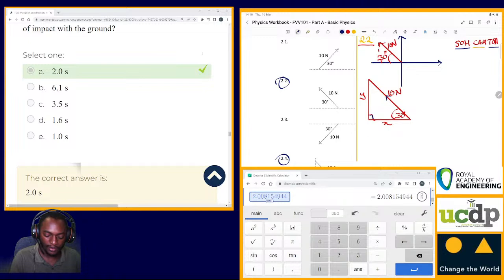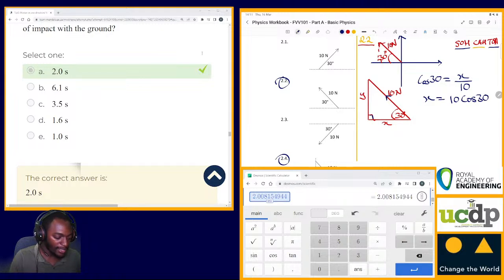So we'll use cos because we've got adjacent and hypotenuse. So cos 30 equals the adjacent, which is x, over 10, the hypotenuse. Which means x is going to be equal to 10 cos 30.